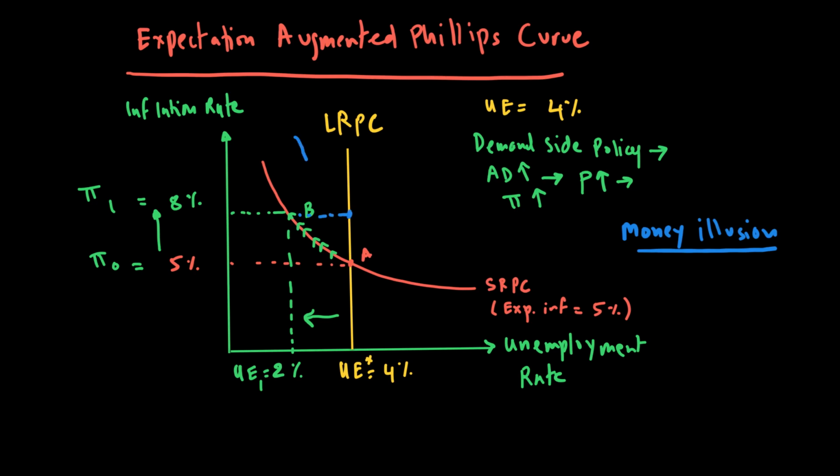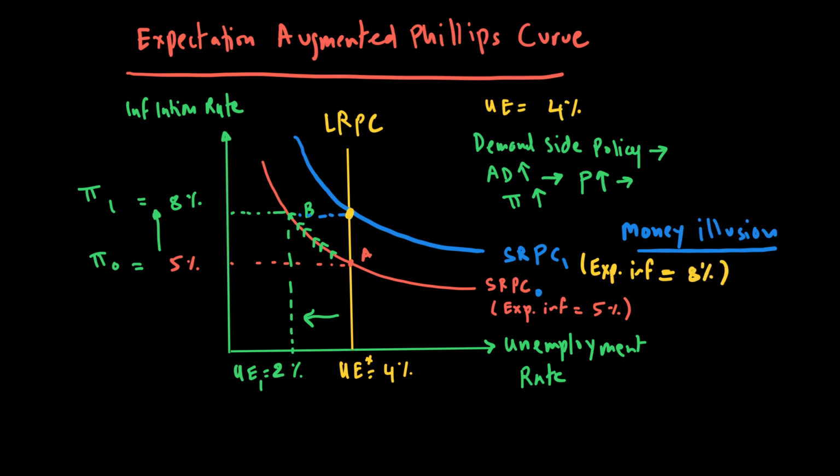the Phillips curve will move to the right. The short-term Phillips curve will move to the right from SRPC naught to SRPC 1, where now the expected inflation is not going to be 5%, but will be 8%.